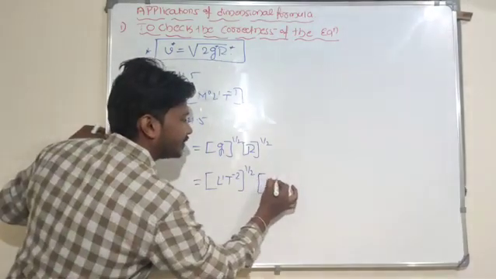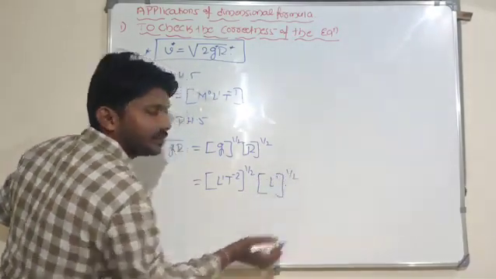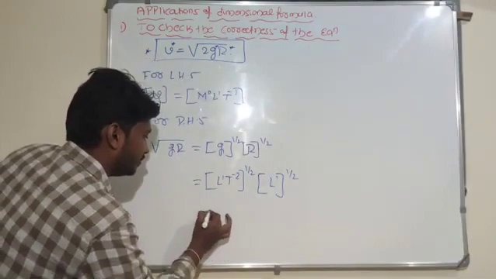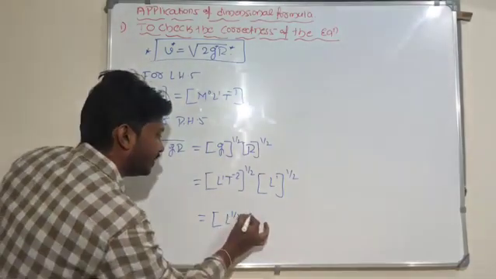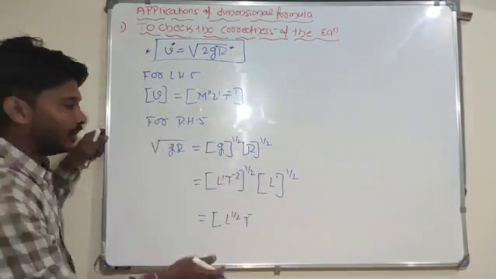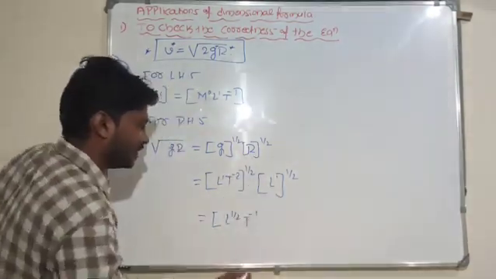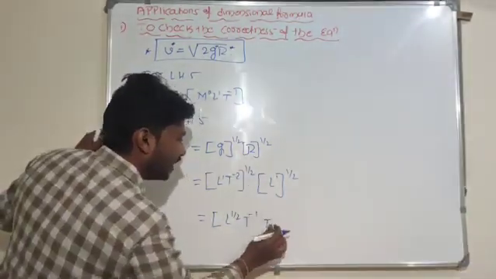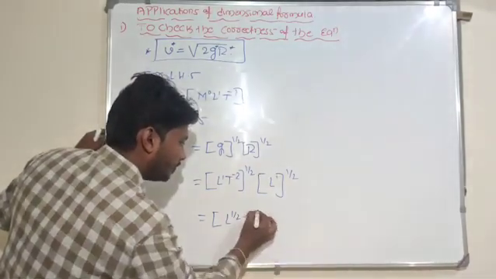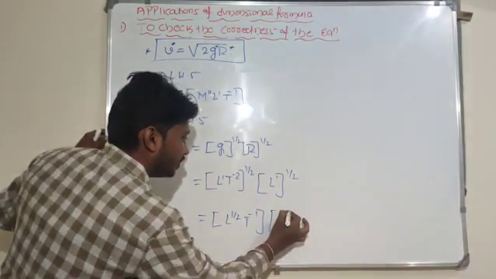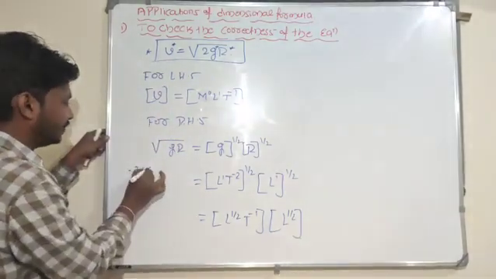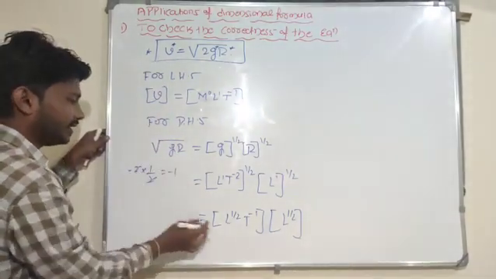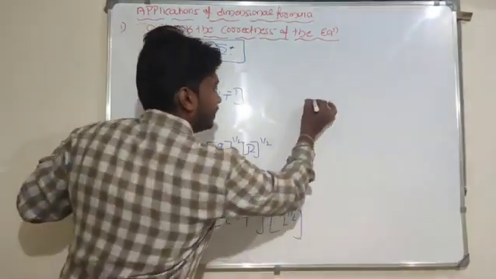R means also distance, whole to the power of 1 by 2 here. So L to the power of 1 by 2, t to the power of minus 2 into 1 by 2. So the 2 terms get cancelled, t to the power of minus 1 and L to the power of 1 by 2. Hope you are understanding here: minus 2 into 1 by 2, that is minus 1.